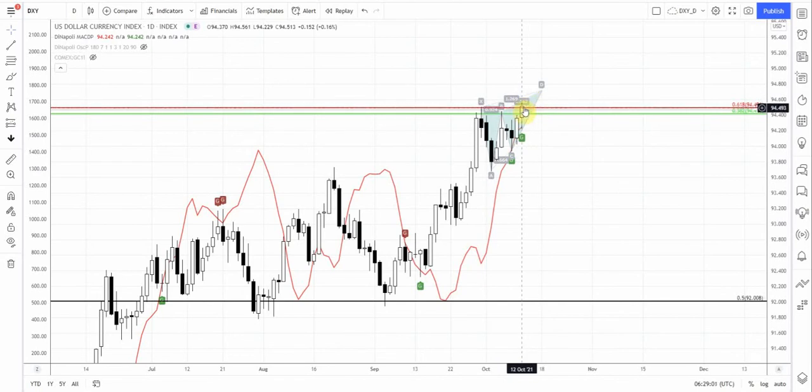So it stands above the top. It means that it still could move slightly higher. I suggest that the butterfly could probably be completed, just to complete this reversal pattern, reaching the 127 extension of this most recent retracement and completing the butterfly.